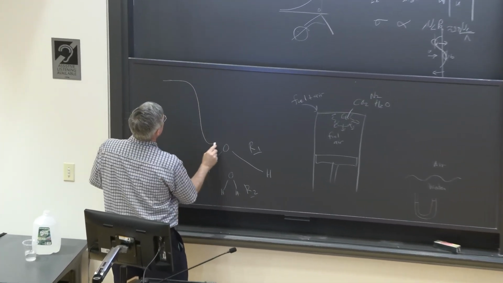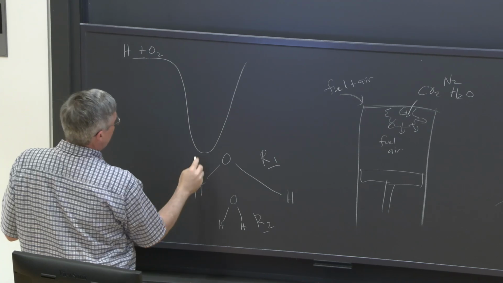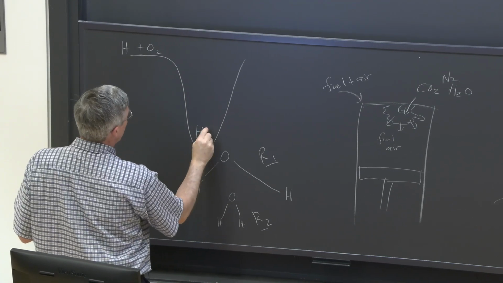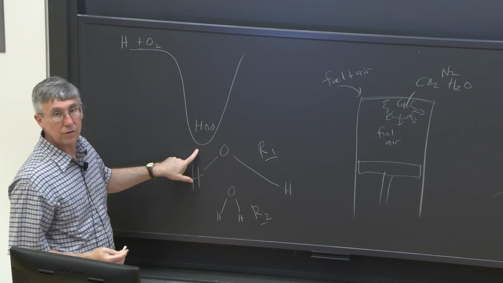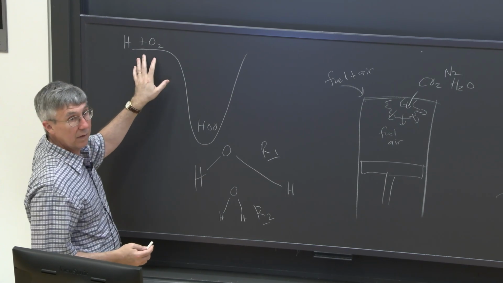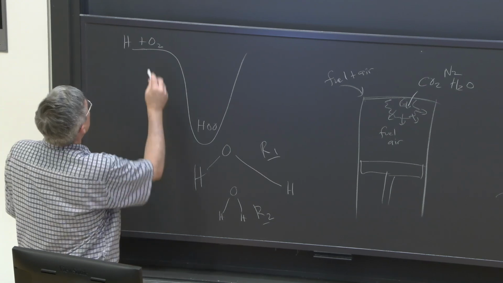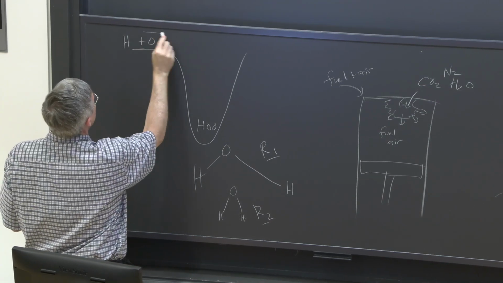So here we have a reaction, H plus O2, and here's HO2. And this is lower, the V of R is lower, the potential energy is lower for HO2. It's more stable than H and O2 separately. So it wants to combine, but if you're in a combustion temperature, you're coming in with a Boltzmann population with some extra energy.